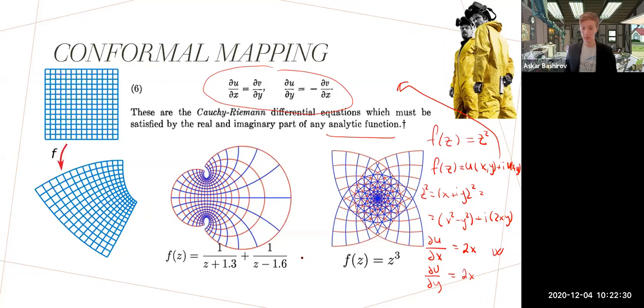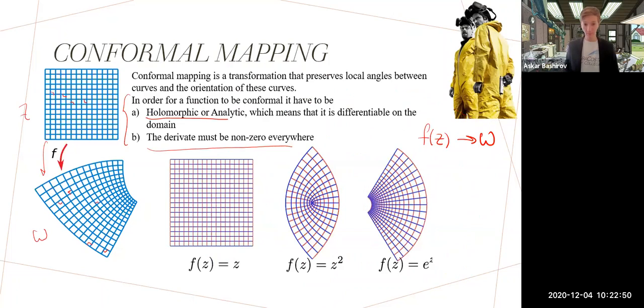And the second condition: du/dy equals -2y, and dv/dx equals 2y. So they differ by a factor of -1, as we can see here. So z squared satisfies this condition, which means that z squared is an analytic function.